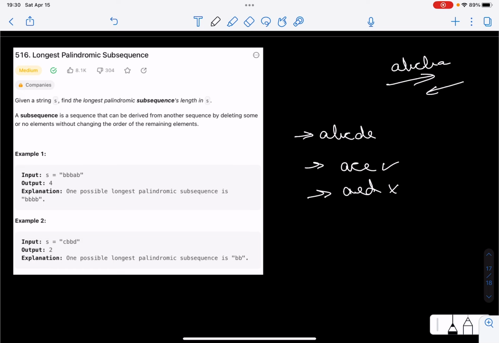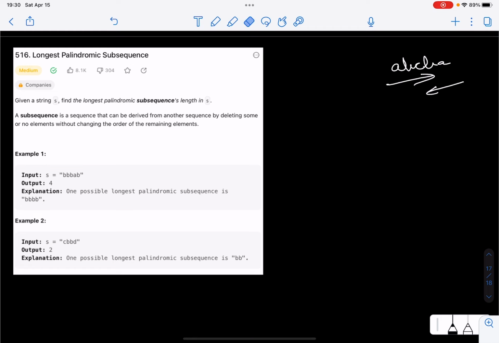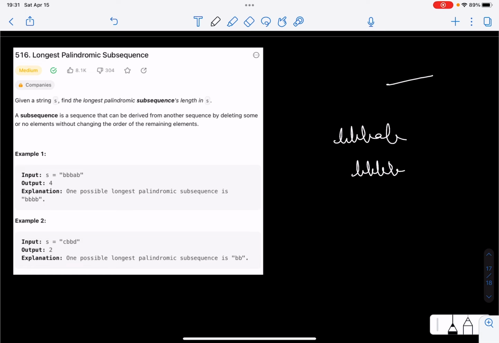Okay, so let's consider the example given. In the example we have B, B, B, A, B. In this, B, B, B, B is a subsequence because it can be formed by removing A and the order is maintained.